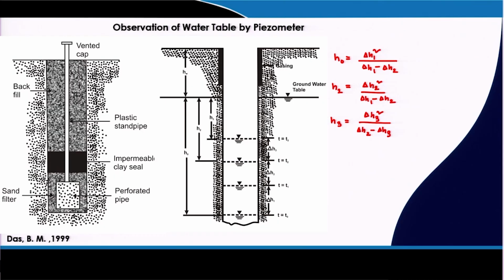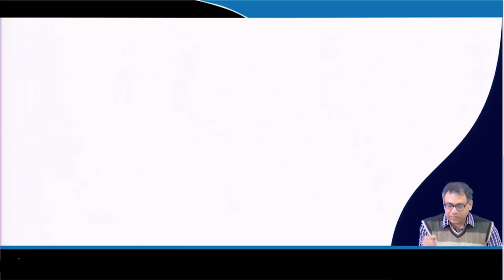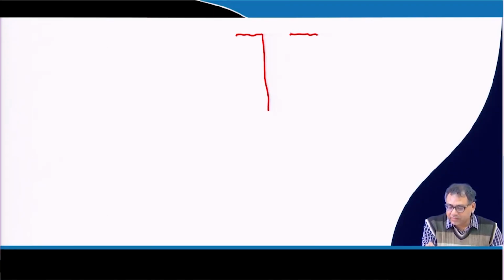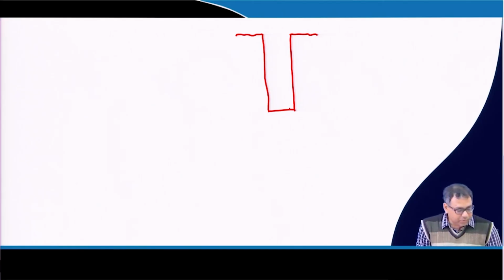So, now one example problem I want to show. Suppose we have a ground, this is the ground surface and this is the borehole.